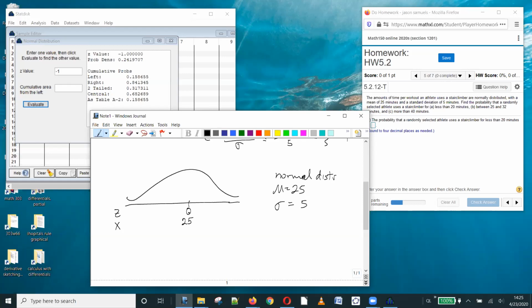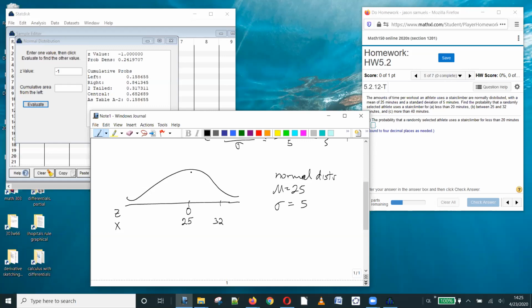So what is it asking us to find? It says between 25 and 32 minutes. So we've got to mark off those individual data values on the picture. 25 happens to be the mean, that's already marked off. We also have to mark off 32.